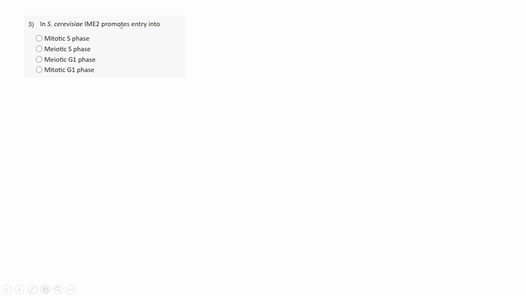In Saccharomyces cerevisiae, IME2 promotes entry into which stage? So here you have to know what IME2 is first. Does anyone know what IME2 is?